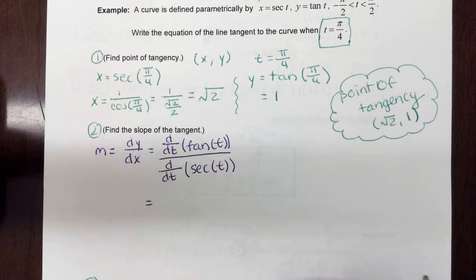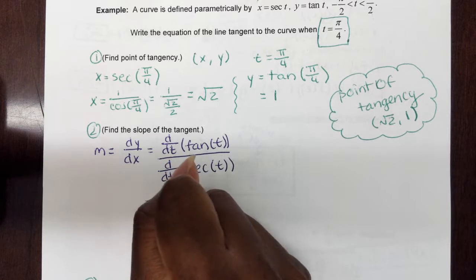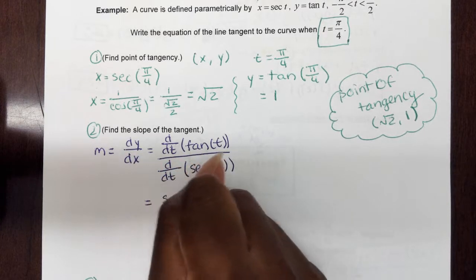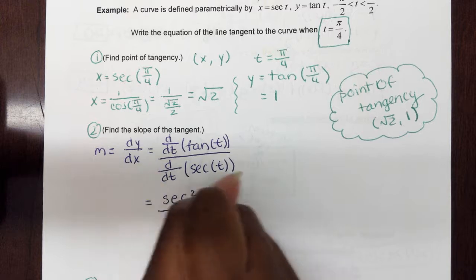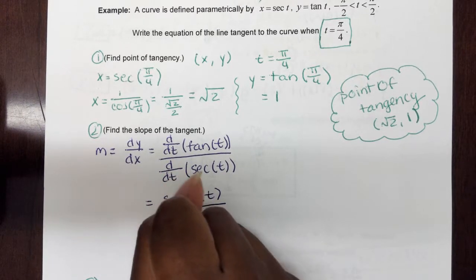So the derivative of tangent of t is secant squared, so we have secant squared of t over the derivative of secant, which is secant tangent.